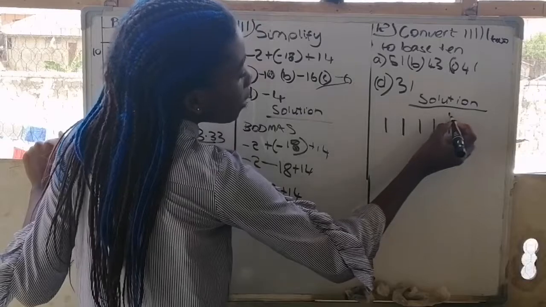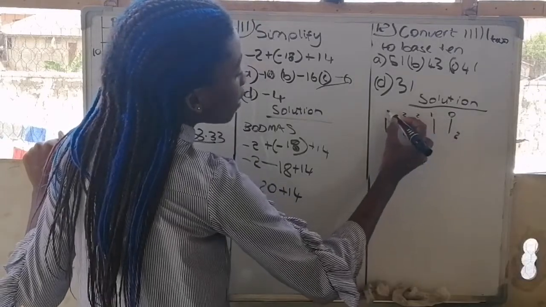So now this is what we do. We write above it 0, 1, 2, 3, 4.